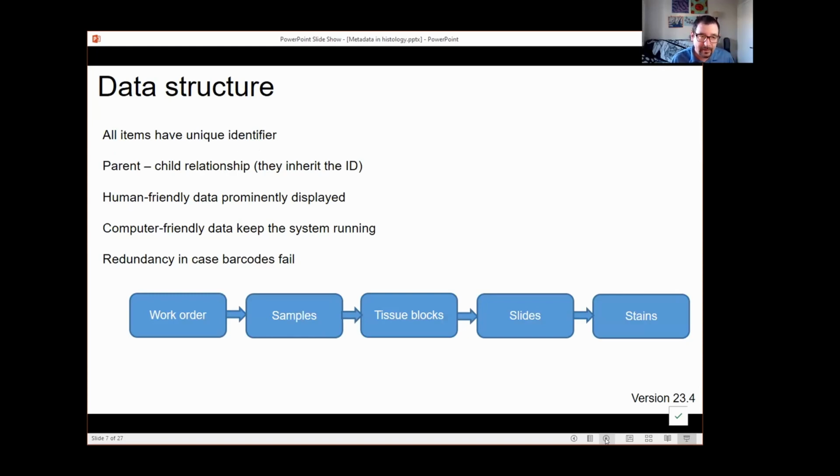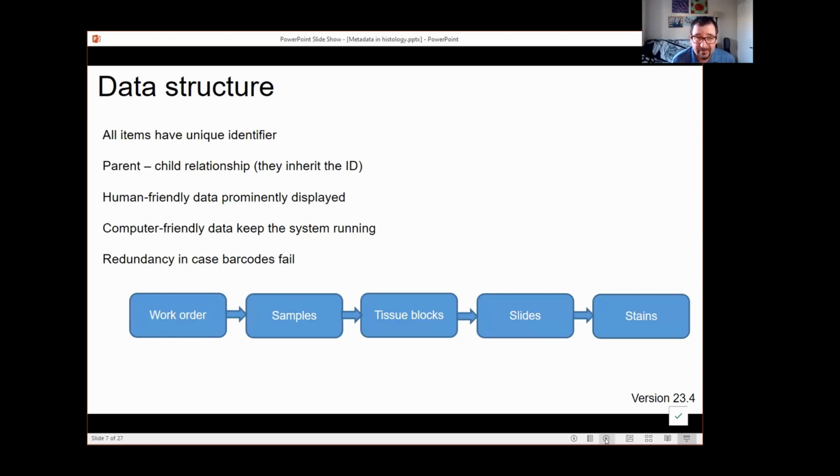So speaking a little bit about our data structure, all items must have a unique identifier, okay? Everything needs to be differentiable. The work information flows through the work orders into the samples and tissue blocks and slides, and those slides get stained. So there is a certain parent-child relationship, as the slides inherit the IDs of the tissue blocks.